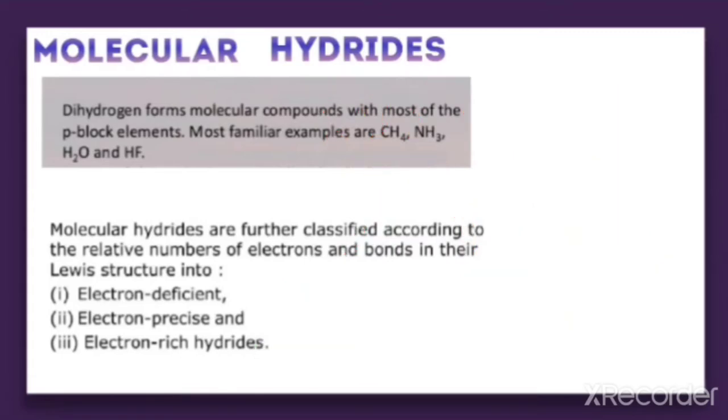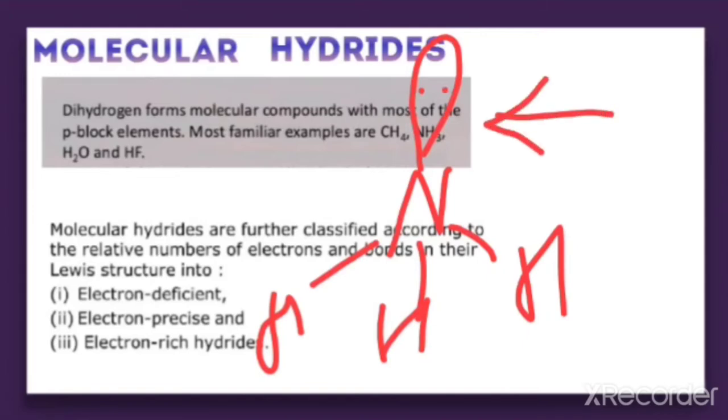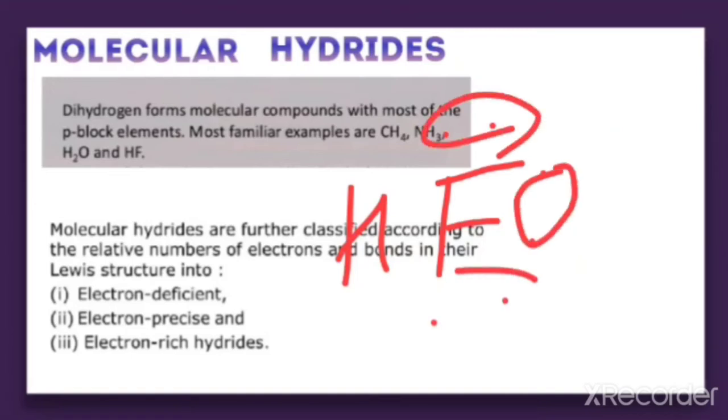Similarly, we have the example of ammonia. In ammonia there is a single lone pair, so we can say it is an electron rich hydride. And similarly HF: fluorine has 3 lone pairs with it, and the presence of 3 lone pairs shows that it is also an electron rich hydride.